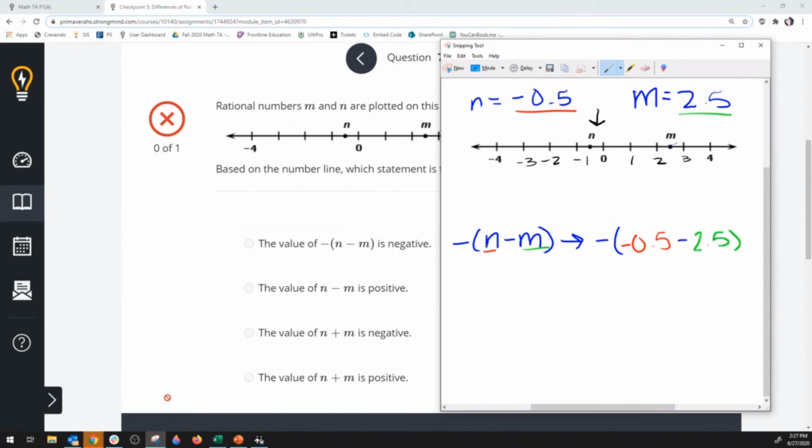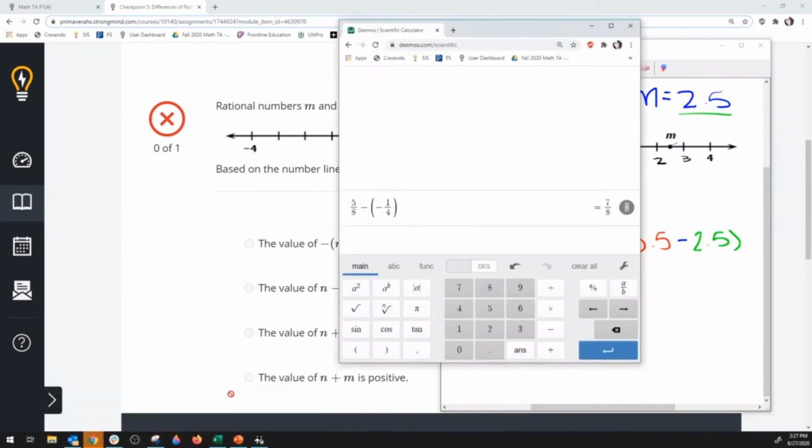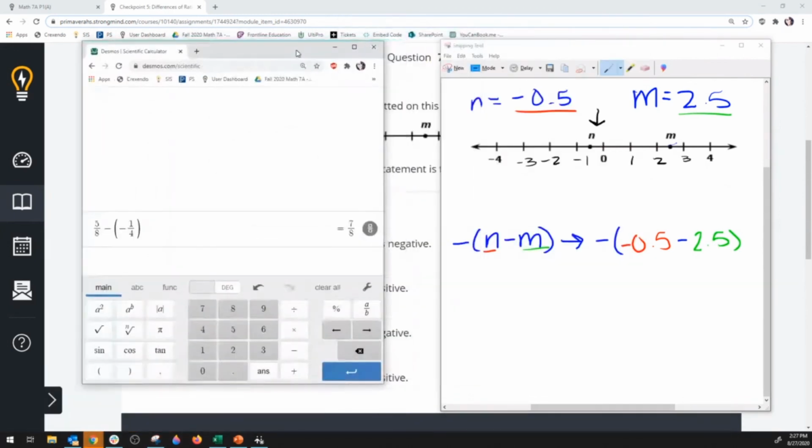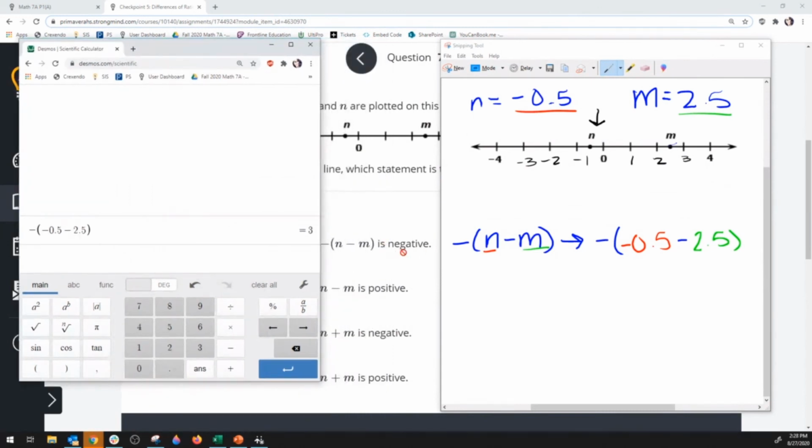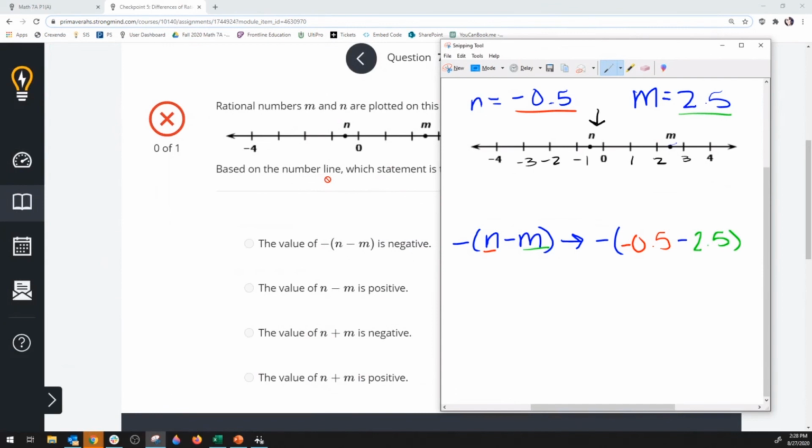Then let's type that into our calculator. So I have a minus, I have -0.5 minus 2.5. And when I hit enter, notice how I get a +3 here. Our answer said that it should be negative. So this first one is not correct because our answer is positive, not negative. Let's check our second one.